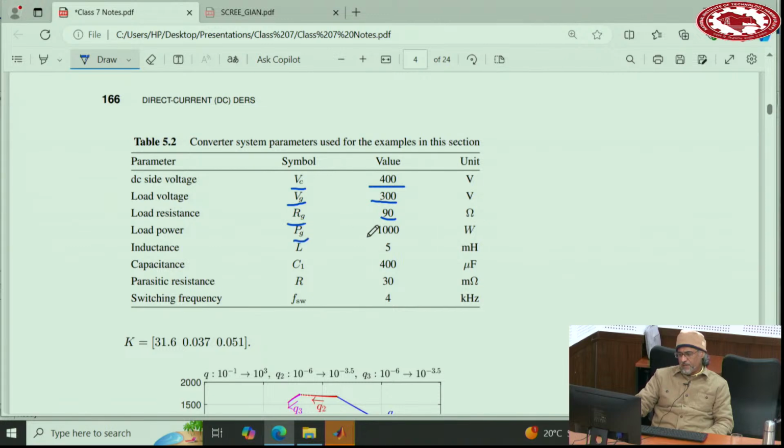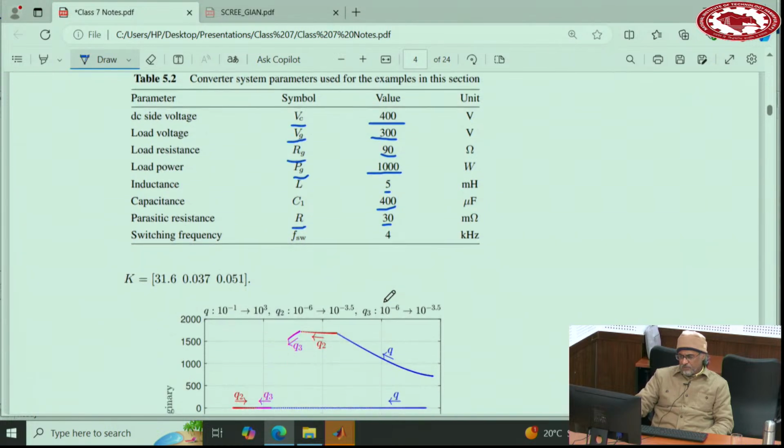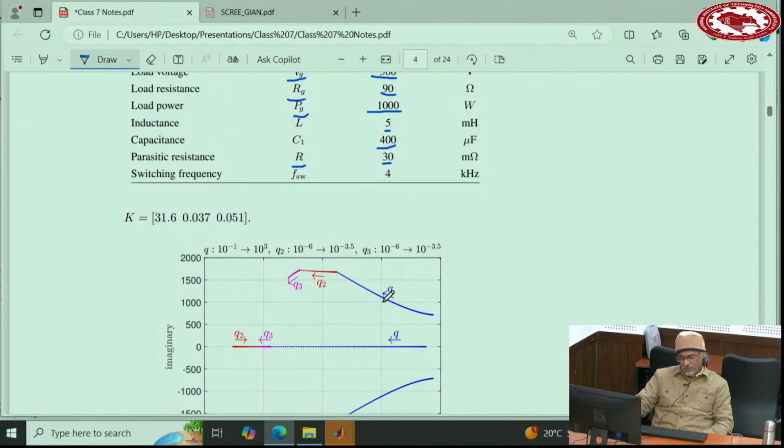That means a power of 1000 watts, or 1 kilowatt. The inductance is 5 millihenry, capacitance is 400 microfarad, parasitic resistance is 30 milliohm, and switching frequency 4 kilohertz. Now, if you run the LQR, and I will run it for the next example for you, so you will see.